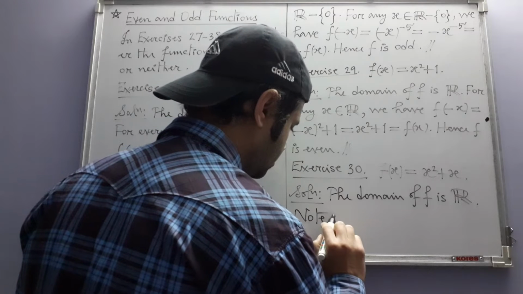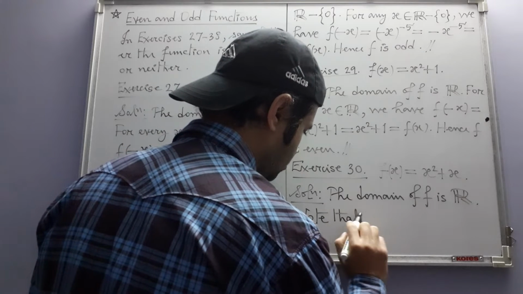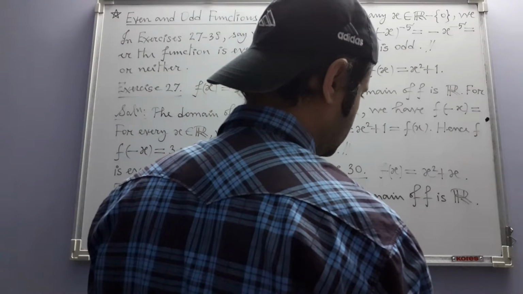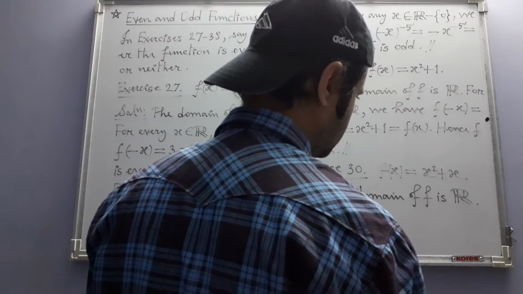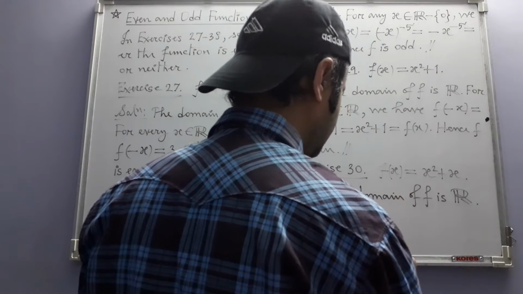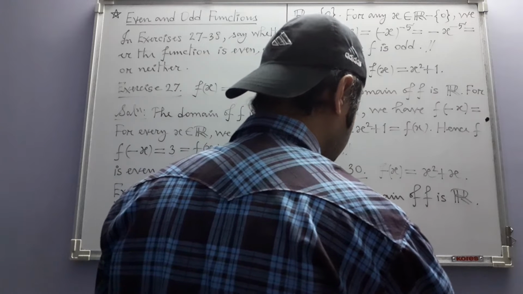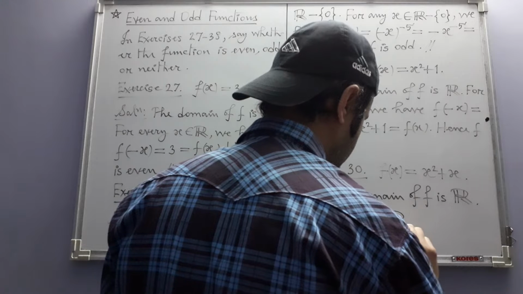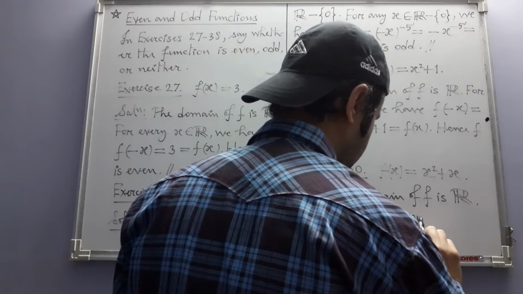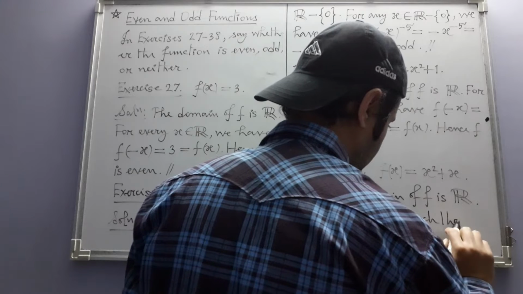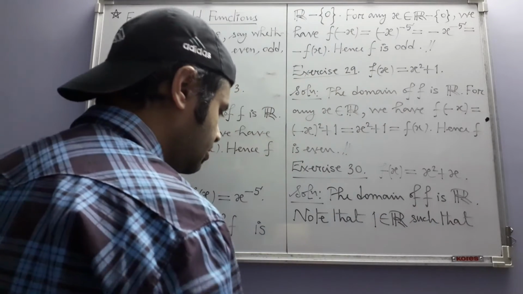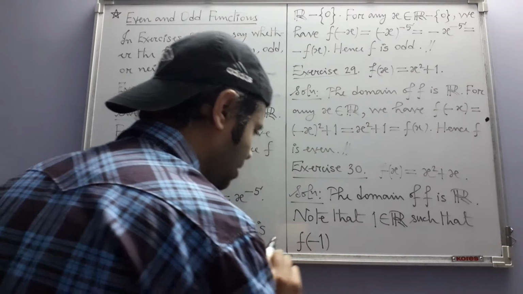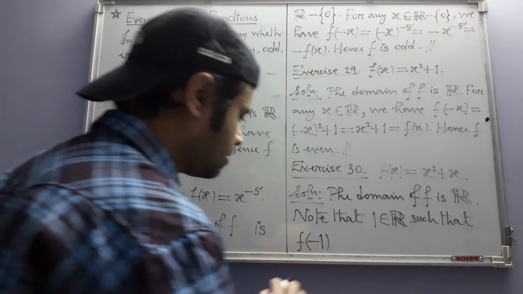Note that I think we can take 1, that will work. 1 belongs to R such that minus 1 also belongs to the domain, that is fine.